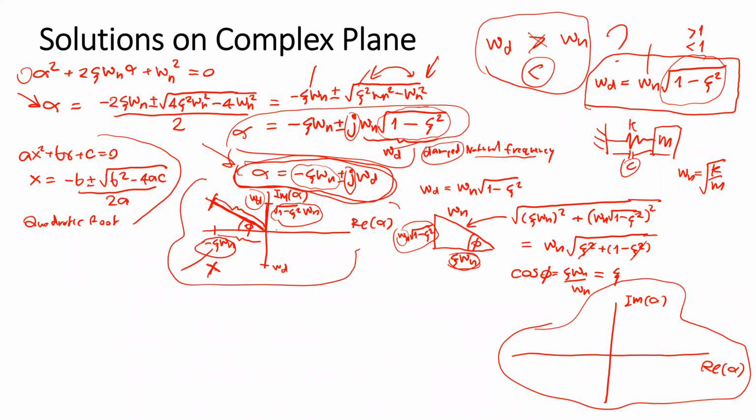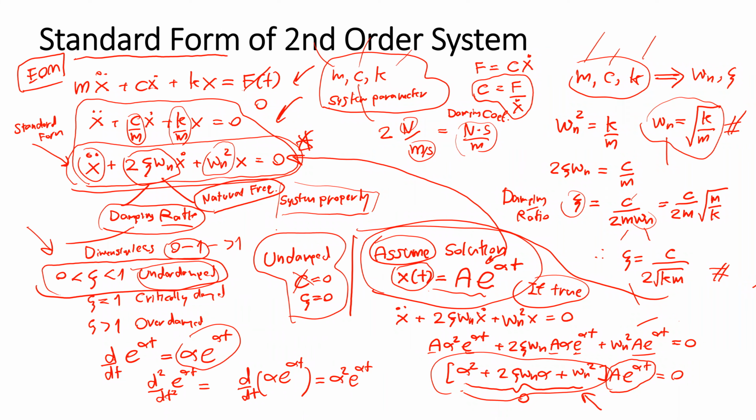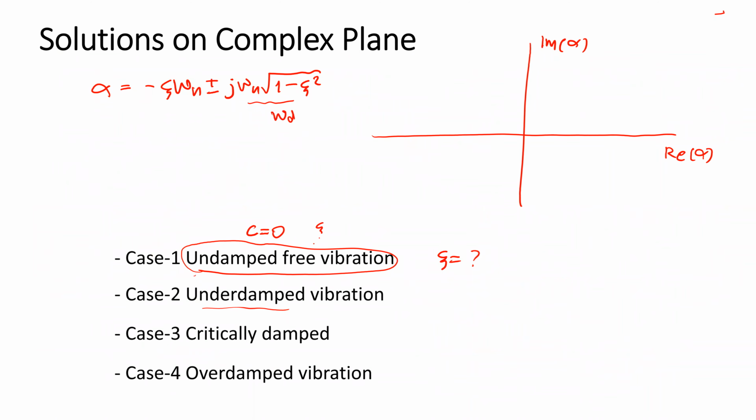If we come back to here, damping ratio is C per 2 root km. If C is 0, damping ratio is going to be 0. When damping ratio is 0, what do you think we are going to get from alpha?